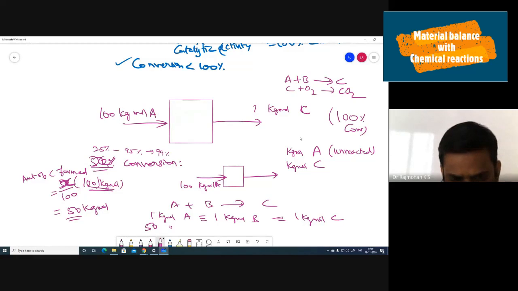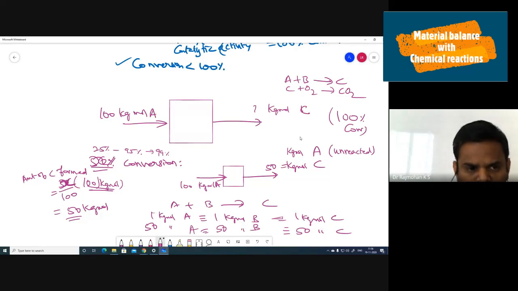So you have to multiply by 50 throughout, because whatever the ratio you get, right. So 50 kg moles of A will react with 50 kg moles of B to form 50 kg moles of C. So here C is equal to 50, and out of 100, 50 is taking part in the reaction. So what is the amount of A present in the product then? 50, right?